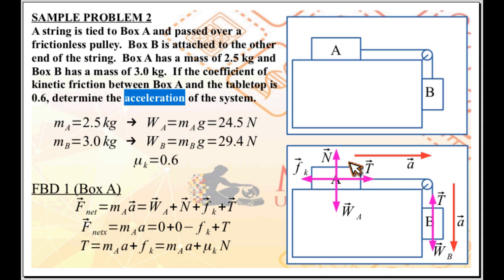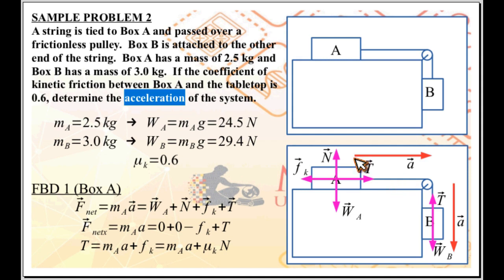The acceleration of A must be to the right as well. So we have acceleration A to the right and then downwards. And since the system is moving as one, the magnitude of these two accelerations are the same. The only difference is their direction.